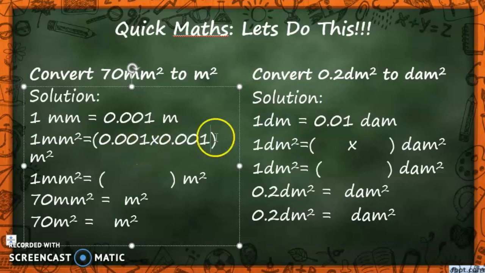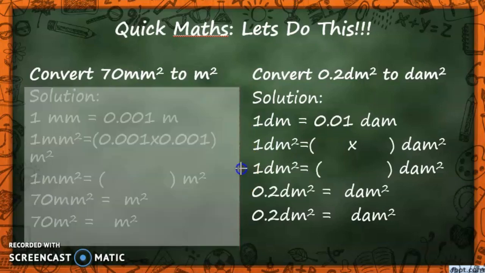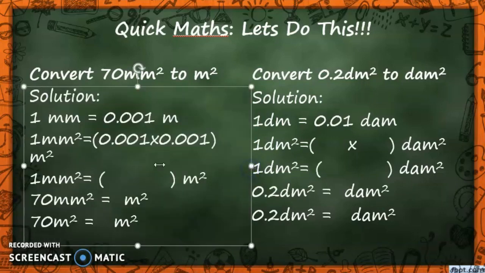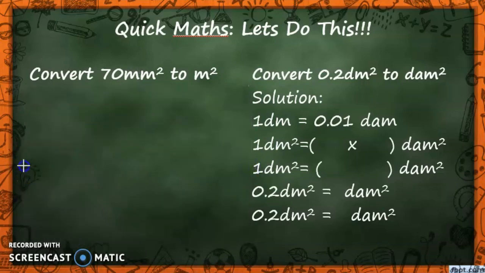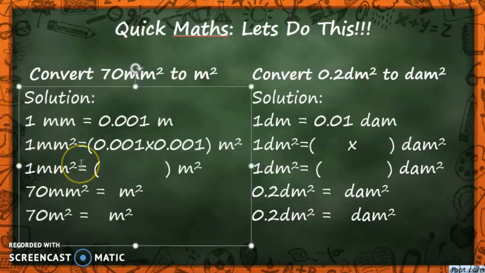Alright, so we then get 0.001 times 0.001, and then after multiplying we will get 0.000001.